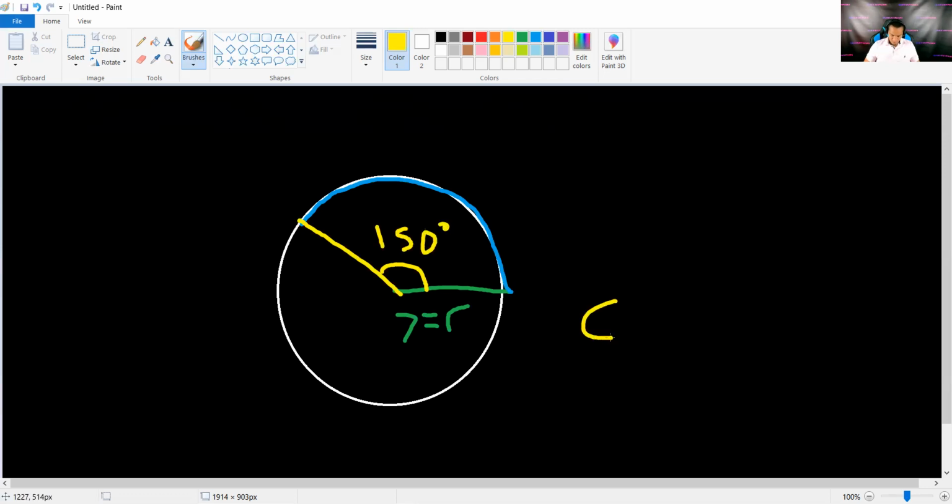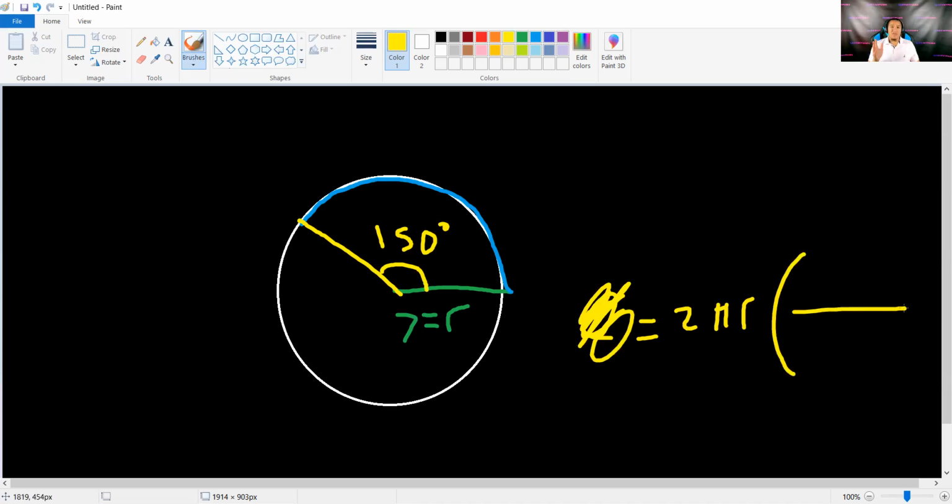Then you get your circumference, which is 2 pi r. But this time it's for a section of a circle. So forget about the circumference, and you're going to multiply this by how many degrees you went around the circle, which is 150 over 360. That's as simple as it gets. And whatever you calculate, it's the answer.